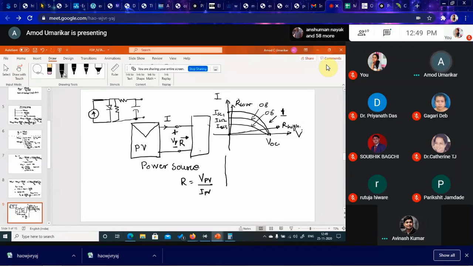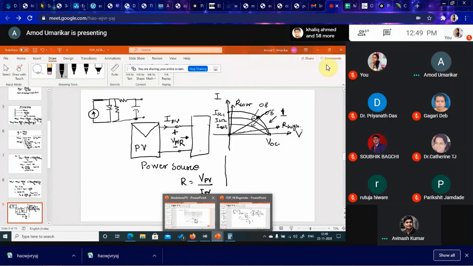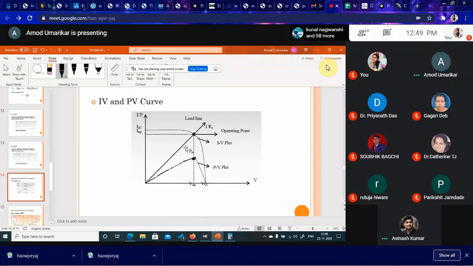So this is V_PV, and I should be such that it operates at this maximum power point. But it is not always possible, right? It is not in your hand to always check at what point the resistance is, or to adjust your load in such a way. Then how will you do it? That is our next question.